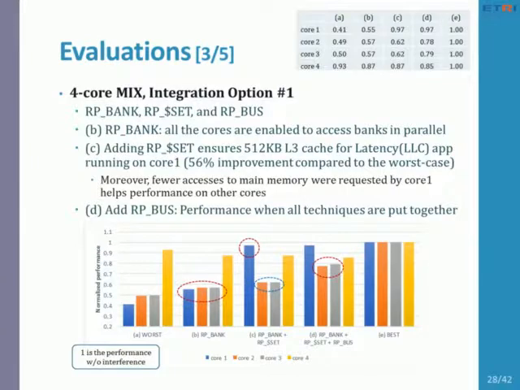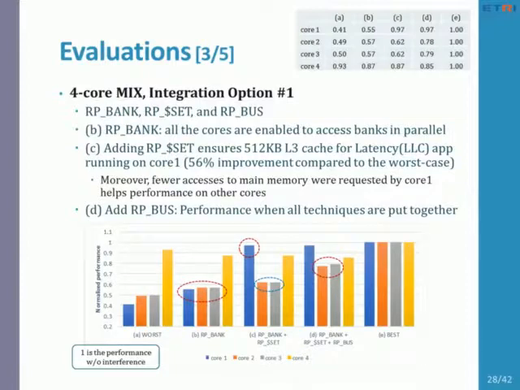Here are the evaluation results. This graph depicts the performance when RP bank, RP cache set, and RP bus are integrated into the RTOS one by one. The worst performance means the performance when it is most degraded due to intercore interference.